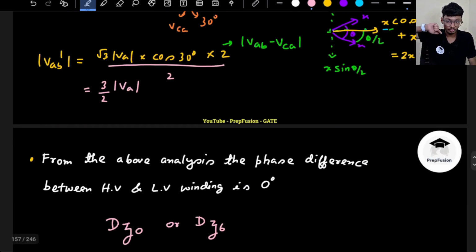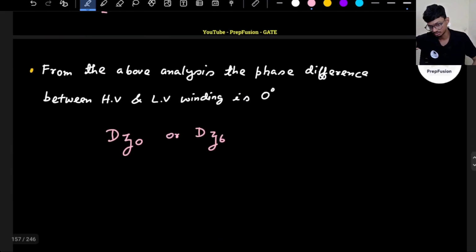Okay, what about the star connections though? I know that if I go from star to delta, there is a phase shift of 30 degrees, right?